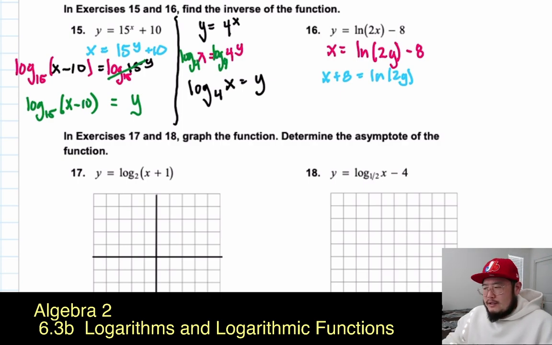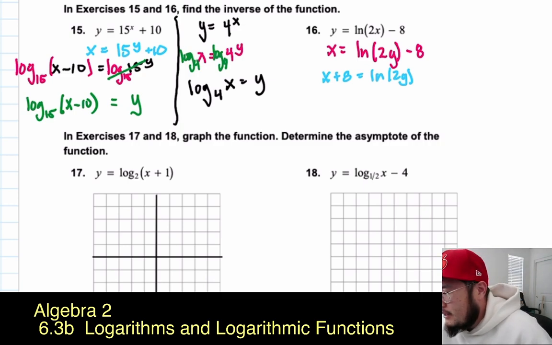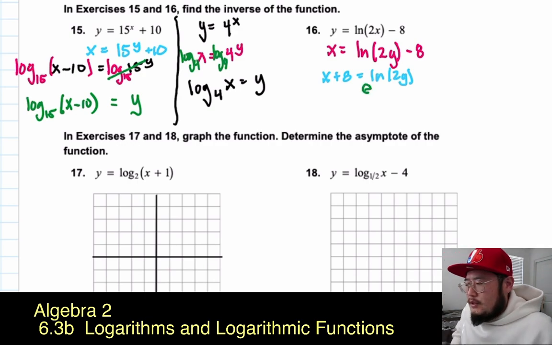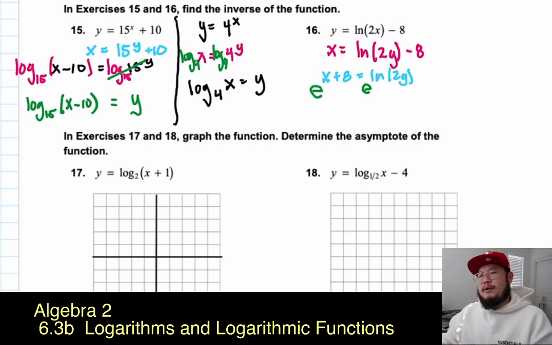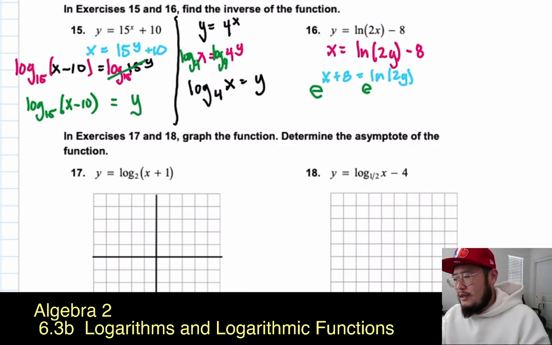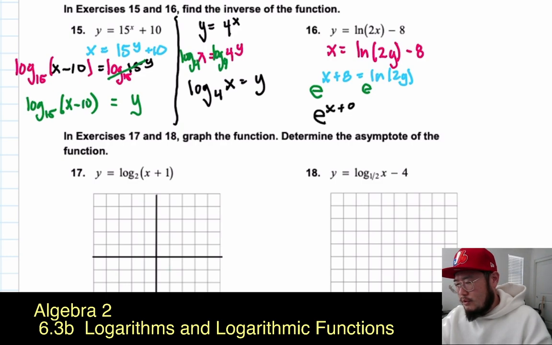So what I'm going to go ahead and do right here is I want to put e as the base for both sides. Okay, so I put it down below to show that that is now my base. And so let me rewrite this. On the left-hand side, e is the base. We have x plus 8 power, and that is now equal to 2y.